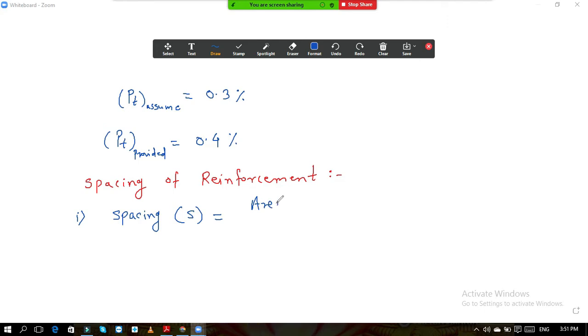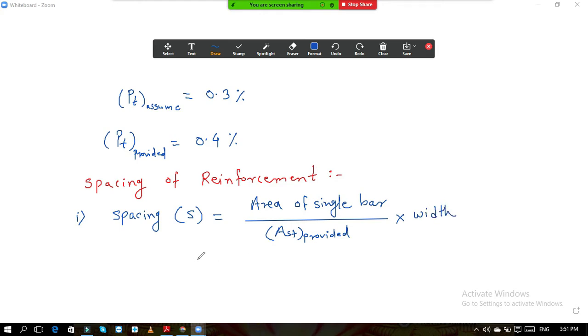Spacing is calculated as area of single bar divided by area of steel provided, into width.